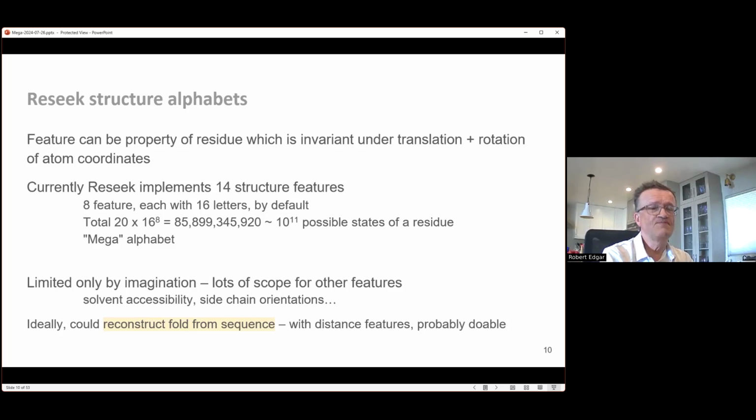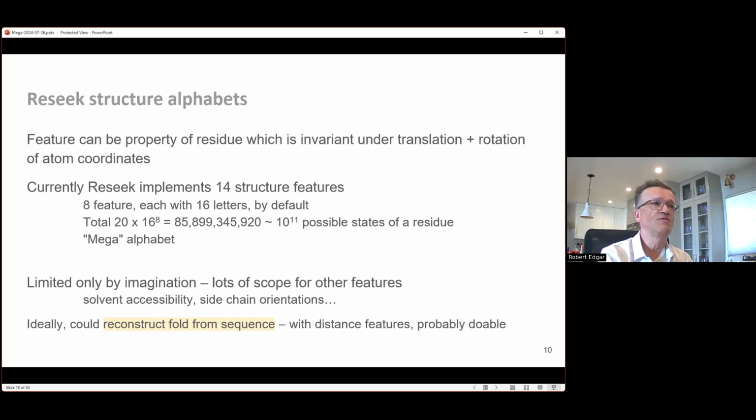Those are the ones that are used by default. So there are 8 structure features plus the amino acids and the 16 letters for each of the structure alphabets. So this gives us this large number of states, something around 10 to 11 possible states for a residue, and that's what I call the mega alphabet.